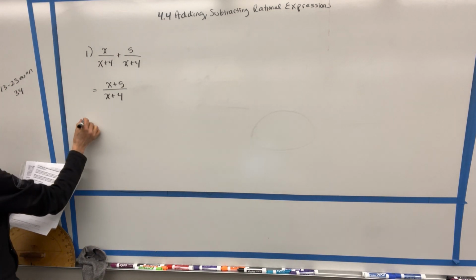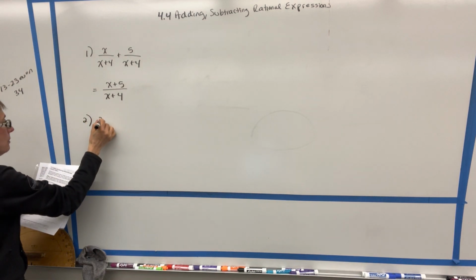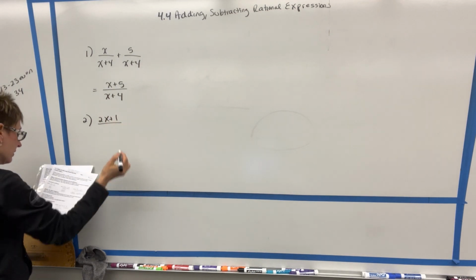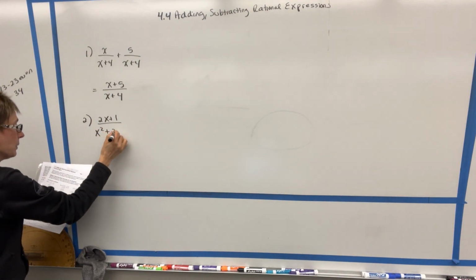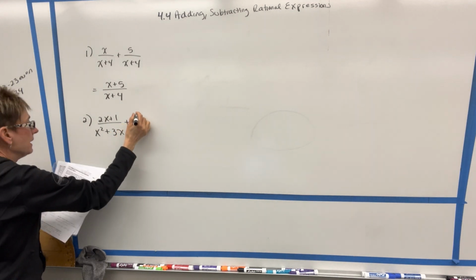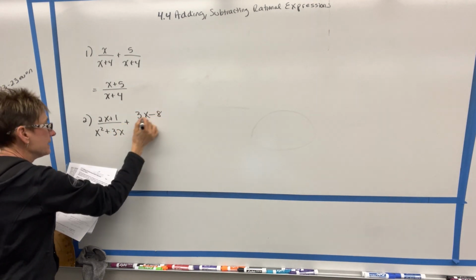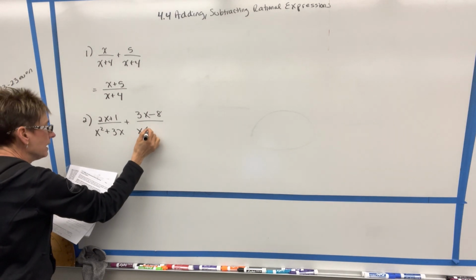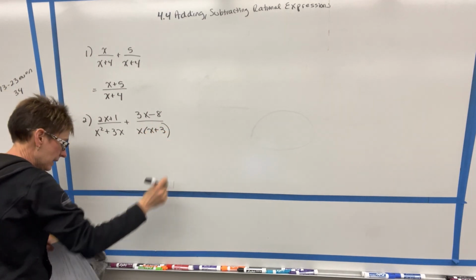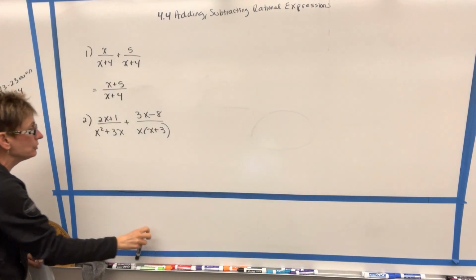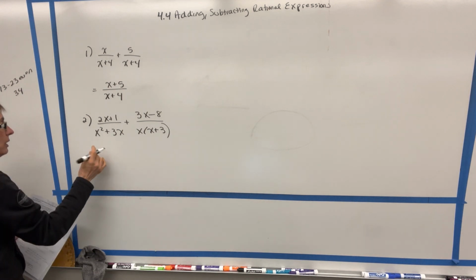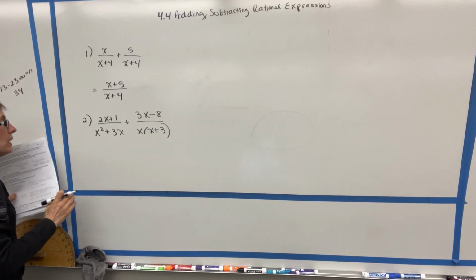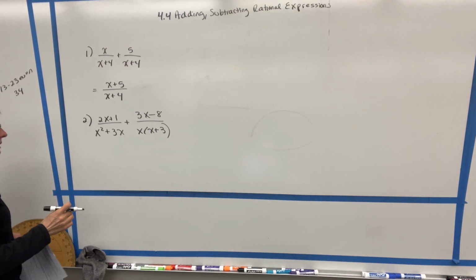So that would be the sum of those two rational expressions. Let's go ahead and look at example number 2. Again, a problem where we have common denominators. So we've got 2x plus 1 over x squared plus 3x, and then we have 3x minus 8 over x times x plus 3. Notice in this case that the two denominators do not look like they're the same, but it's really important when we are adding fractions that we always factor to see what similarities there are.